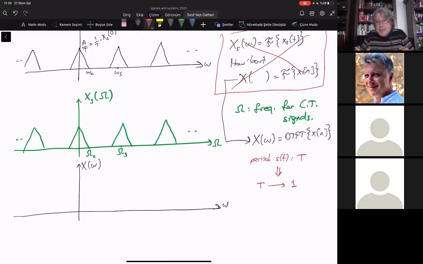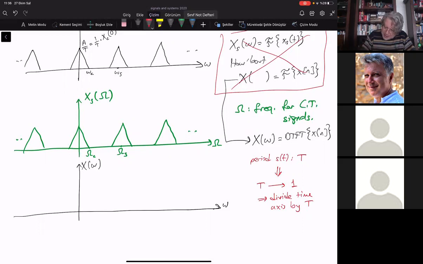So I am essentially dividing the time axis by capital T. Let me write it. Divide time axis by capital T. When I divide, the separations will be 1. They will not be capital T. They will be 1, and that is the separation that I expect from discrete time signals.